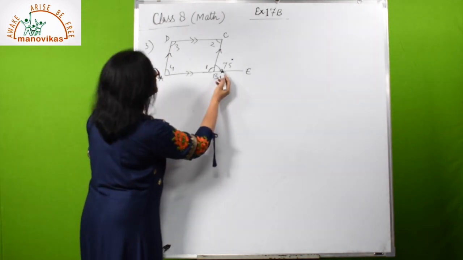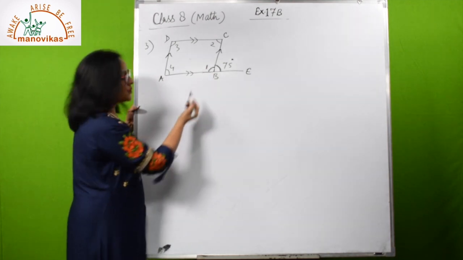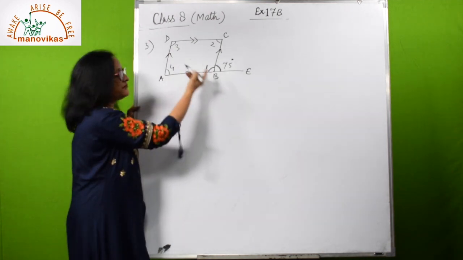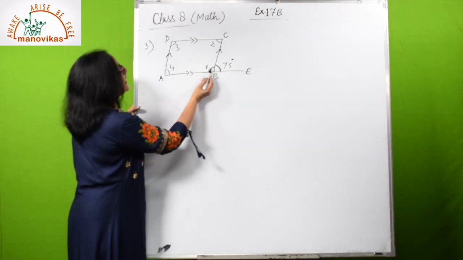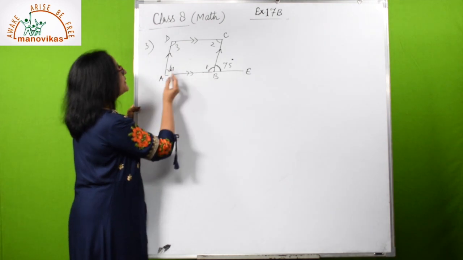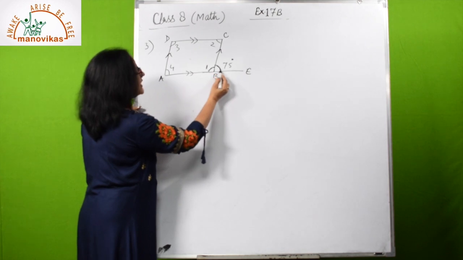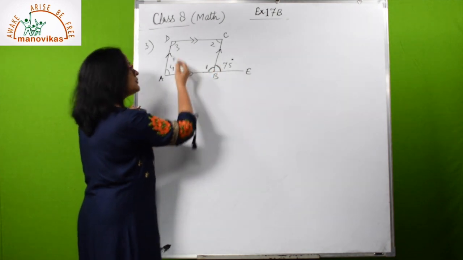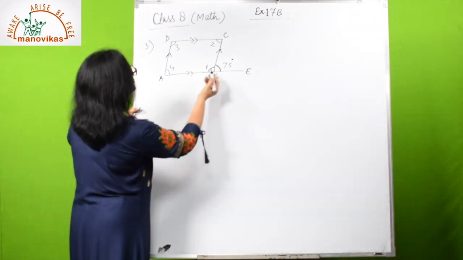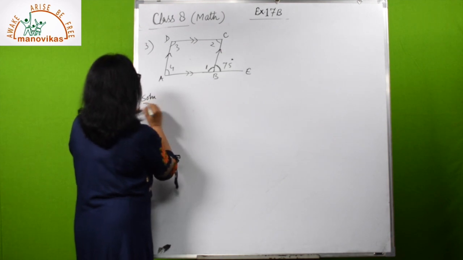So with the help of 75 degree, we can find this angle 1 easily. When you get angle 1, angle 3 will be equal to angle 1. That way you can find angle 3 also. Then angle 1 and angle 4, they are adjacent angles. So with the help of angle 1, you can find angle 4 also. Means with the help of the 75 exterior angle given, you can find all the interior angles of a parallelogram. So which connection here you will take? That is linear pair. So let's start with that connection.